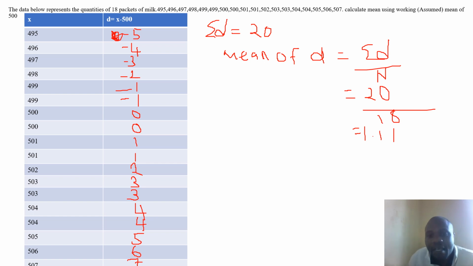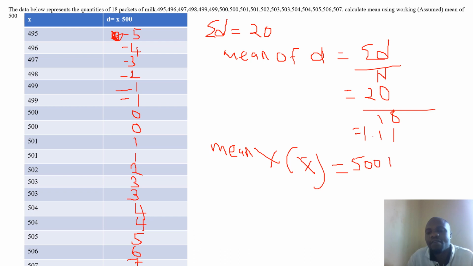And if I divide 20 by 18, I get 1.11. So now I can say that the mean of x, or simply x bar, is equal to the working mean that we are given, which was 500, added to the mean of our difference, which was 1.11.